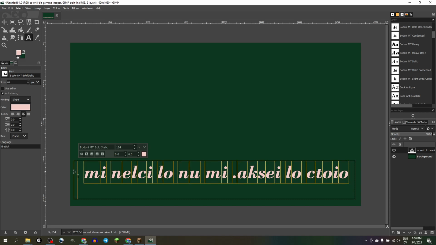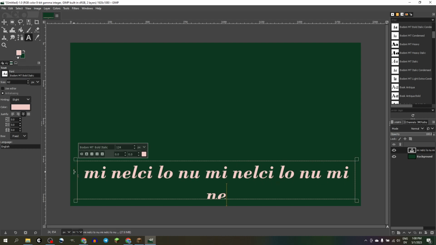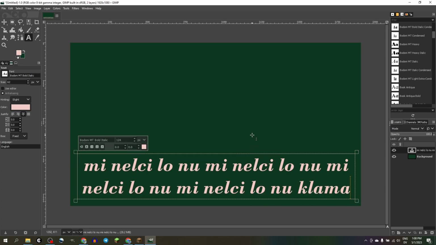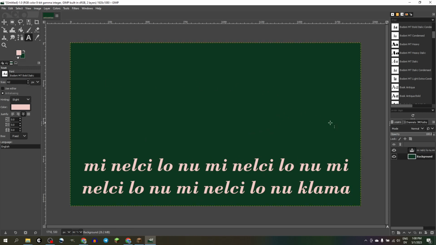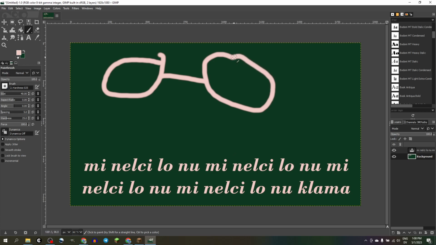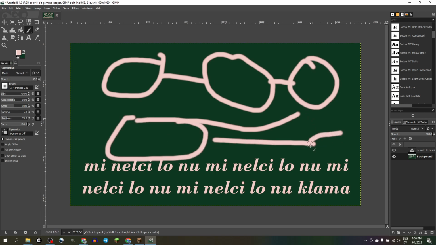So if you say mi nelshi lo nu, mi nelshi lo nu, mi nelshi lo nu, mi nelshi lo nu, and you went through and diagrammed this in any level of your mind, I'm not going to draw out a diagram of all of those nelshis connecting, but clearly what we have is mi nelshi lo nu, and then mi nelshi lo nu, and then mi nelshi lo nu, and that contains a mi nelshi lo nu, which contains klama.